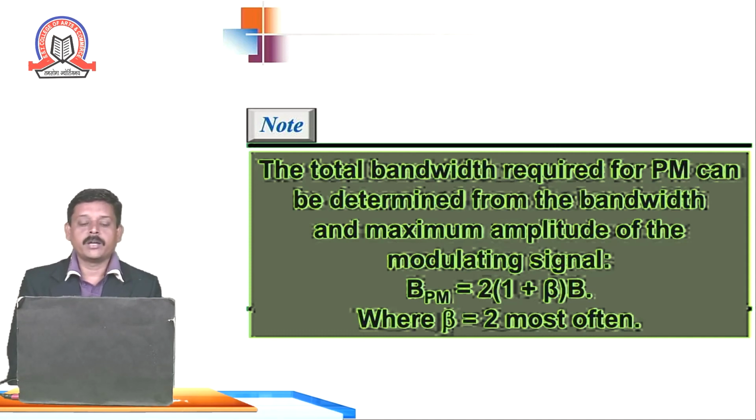The formula gives the bandwidth for phase modulation as B_PM equal to 2 times (1 plus beta) times B. Here B is nothing but the bandwidth of the modulating signal, and beta has almost a value of 2 for PM.